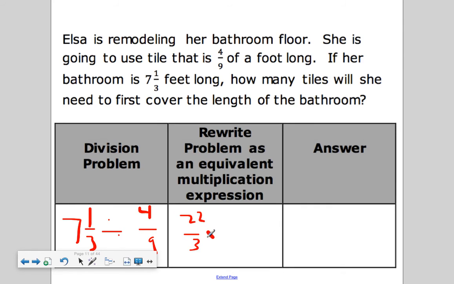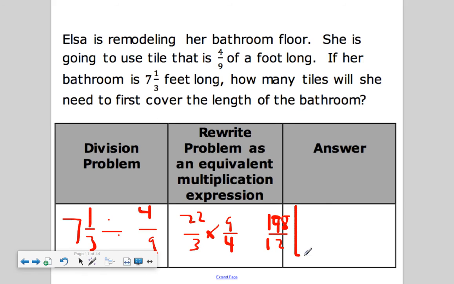I multiply by its reciprocal, 9/4. If you multiply this, you get 22 times 9 is 198, and this is 12.